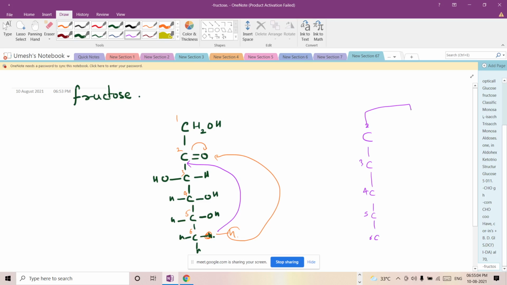Between second and the sixth, there is one oxygen. And this OH group may be on the right hand side, and the C1 position goes like this. Rest all are H and OH. OH this side on the third carbon atom.